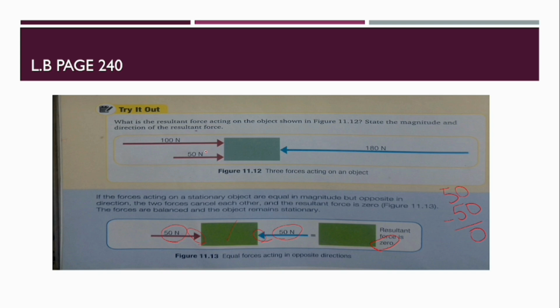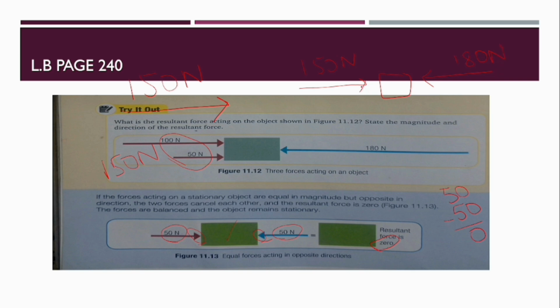However, in this case, if there are three forces acting on the object, and we have to calculate the magnitude and direction of the forces, we can simply add these two forces, like adding them up will give us 150 Newton. So 150 Newton and 180 Newton, we have obtained a new picture which is giving us these values.